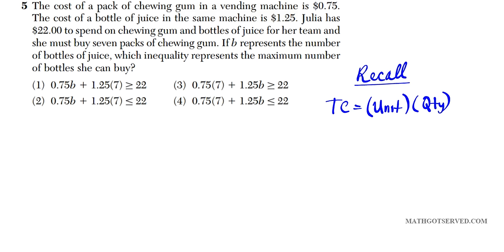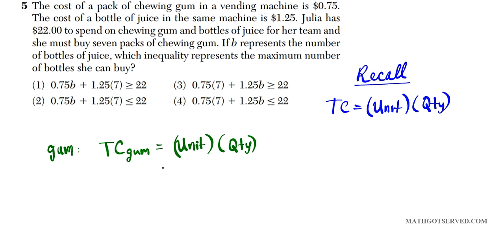So let's start with gum. Okay, so for gum, what do we have? The total cost for gum, let's call it TCOG, or gum, is equal to the unit price for gum multiplied by the quantity of gum to be purchased.